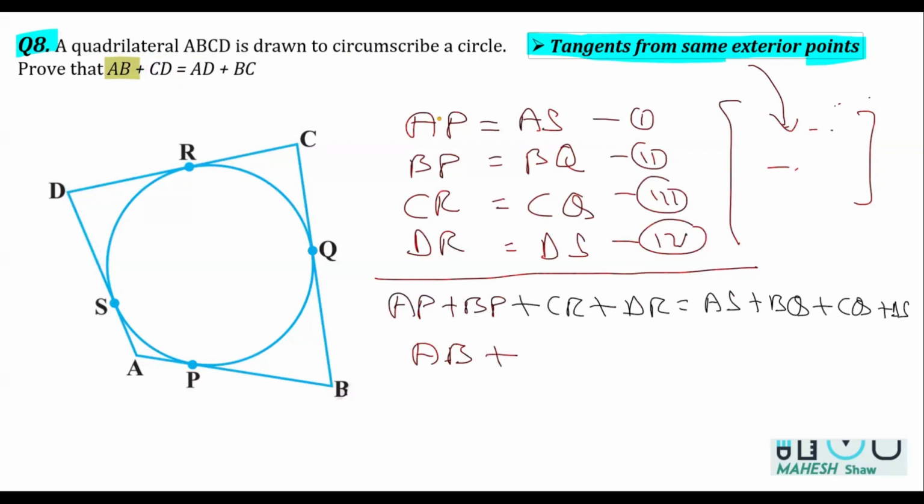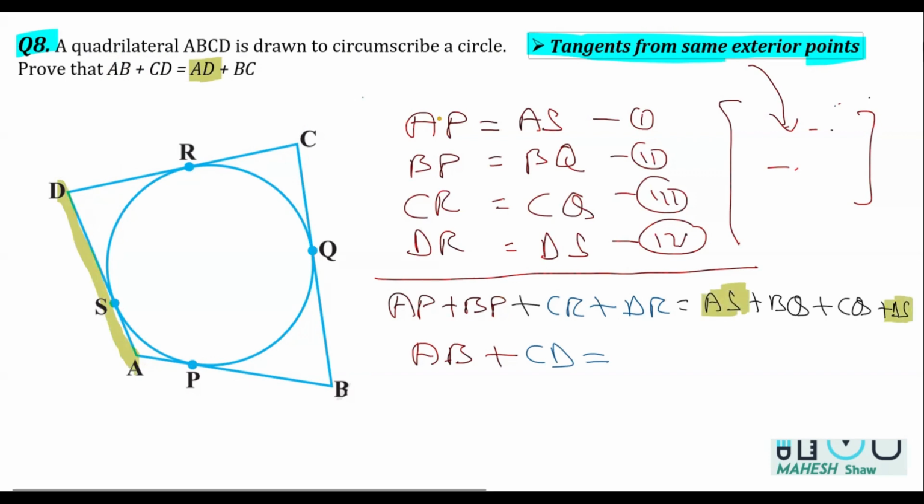And similarly, what you can see that CR plus DR, look into the CR plus DR. CR plus DR is what? CD, and which is equal to. Now on the other side, we need AD. We need AD. And where is AD? AD is this. AD can be obtained as AS plus DS. So here is AS and this is DS.